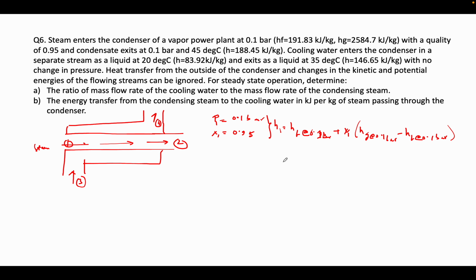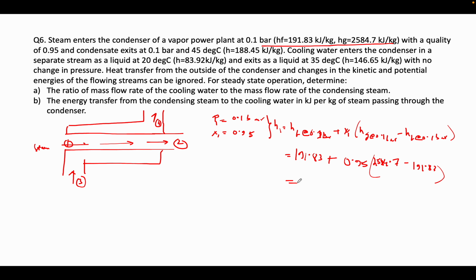So from here I can calculate. hf at 0.1 bar is 191.83, plus x1 is 0.95, times hg, which is 2584.7, minus 191.83.